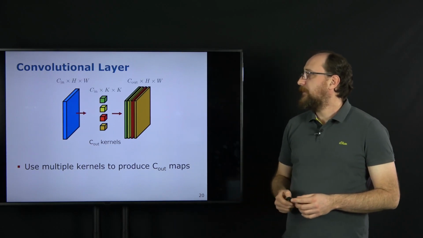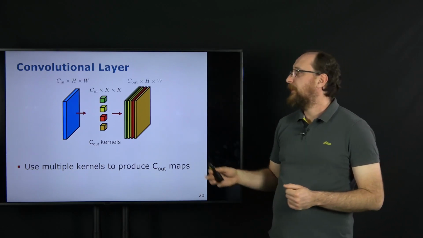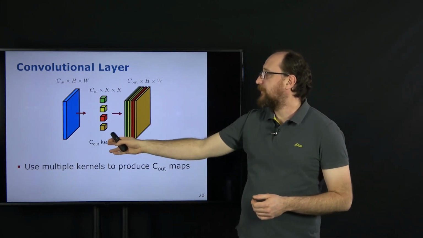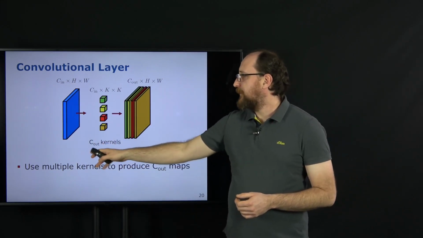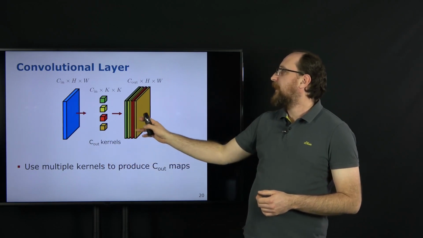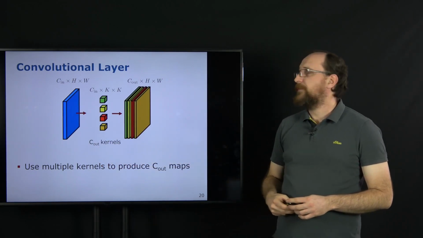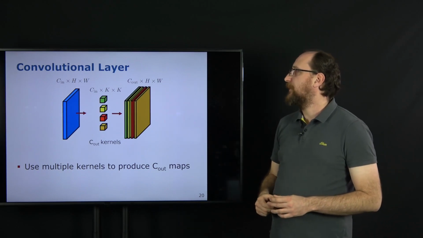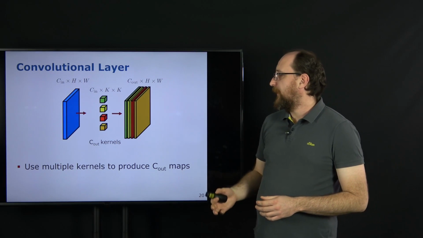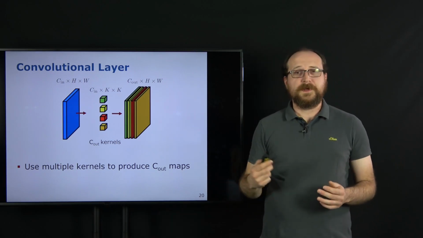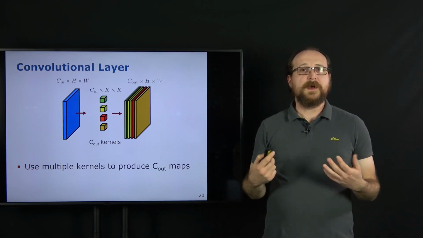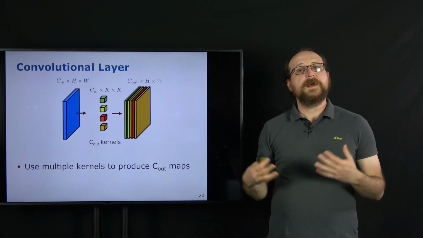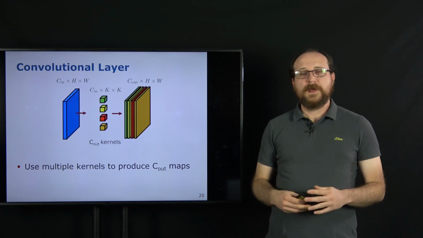So usually we have a certain number of input channels, and we apply the different convolutions, in this case C out times kernels, to get C out times H times W. This is usually the tensor notation that we are using, and this is then the output of the convolutional layer. So each layer consists of multiple kernels that apply to the input.